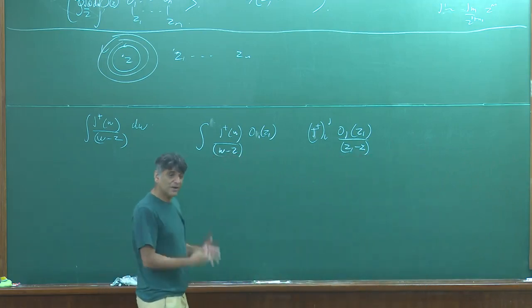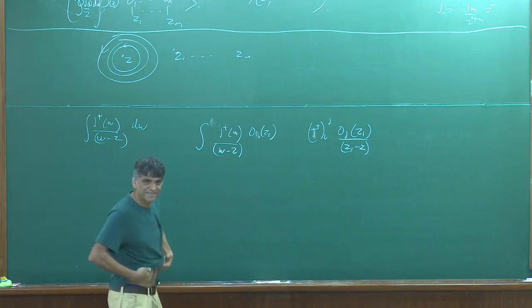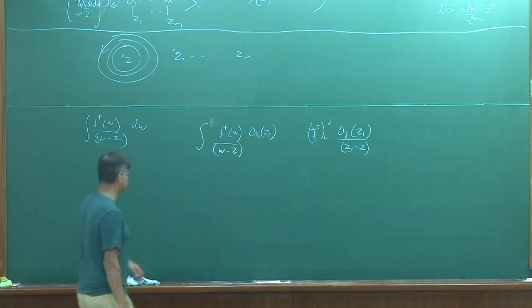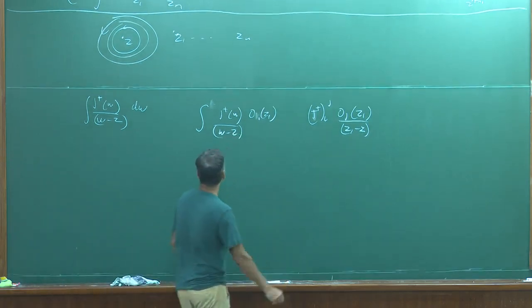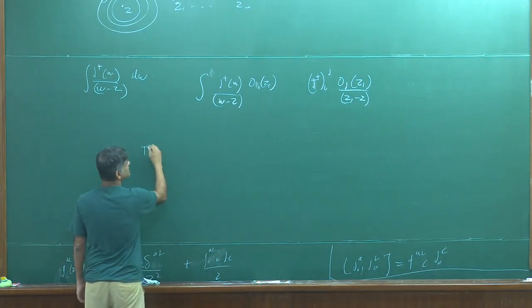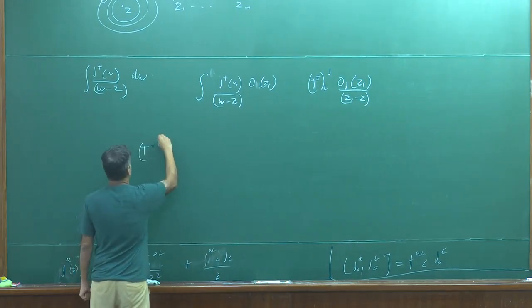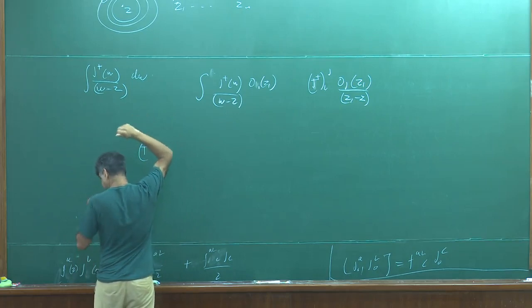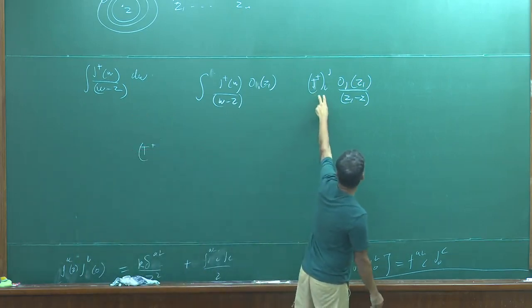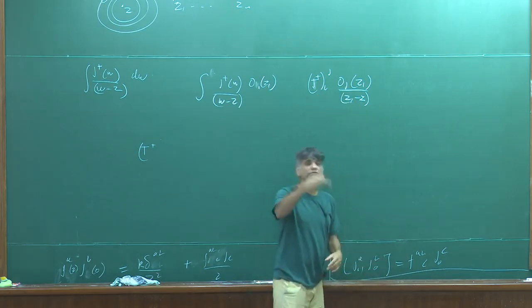Okay? So what is the structure of what's left behind? The structure of what's left behind is the following. We have T plus, so each of these becomes the action of T on any one of the operators.